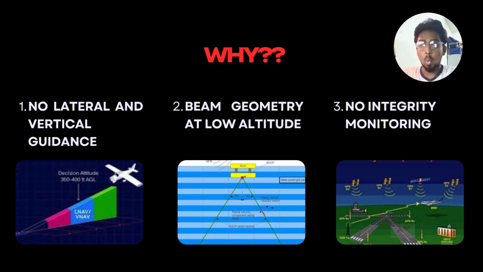Now let's discuss why. The first one is there's no lateral and vertical guidance by the Doppler navigation system. Second, beam geometry at low altitude, and finally, no integrity monitoring. This is why it can't be used for landing approach.